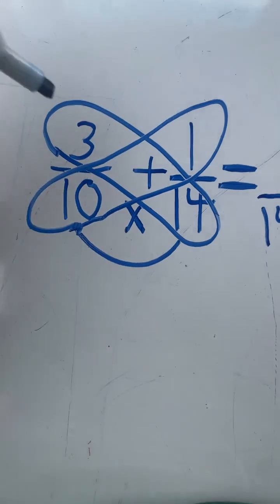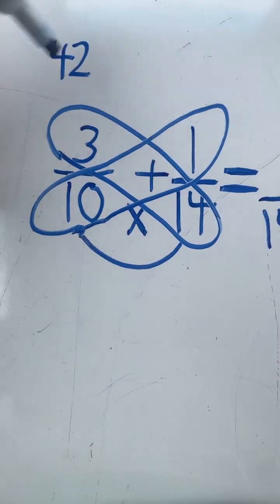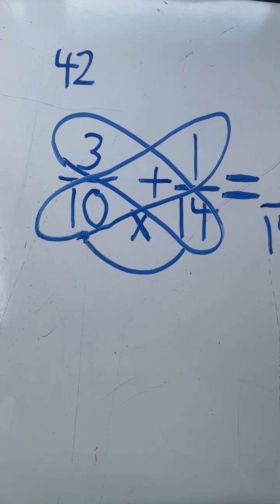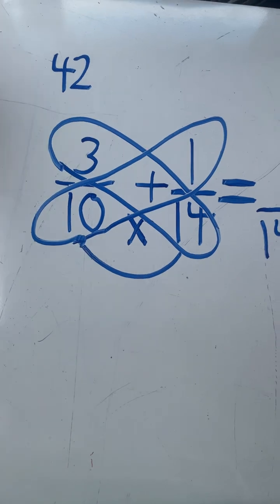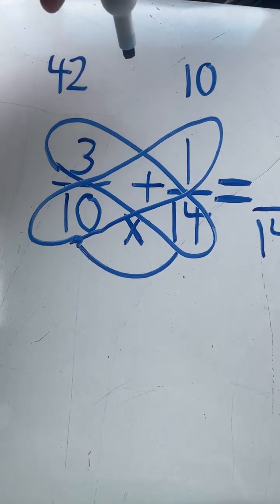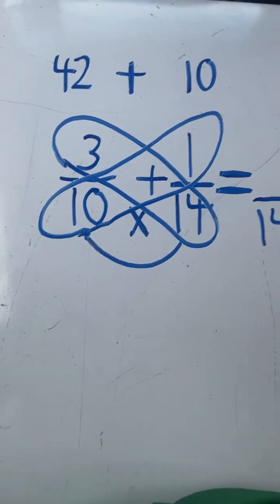All right, 3 times 14 equals 42. 10 times 1 equals 10. So now the final step is we have to add these two numerators together.